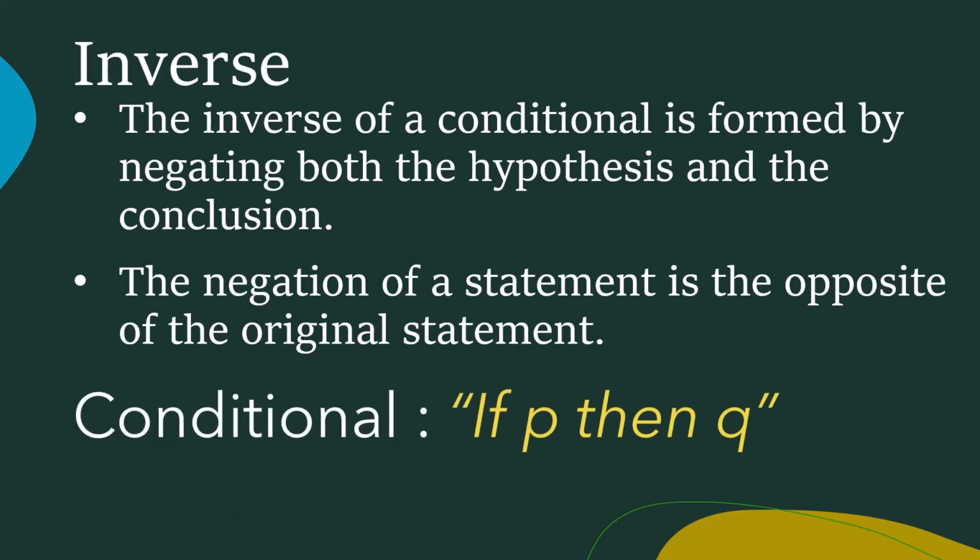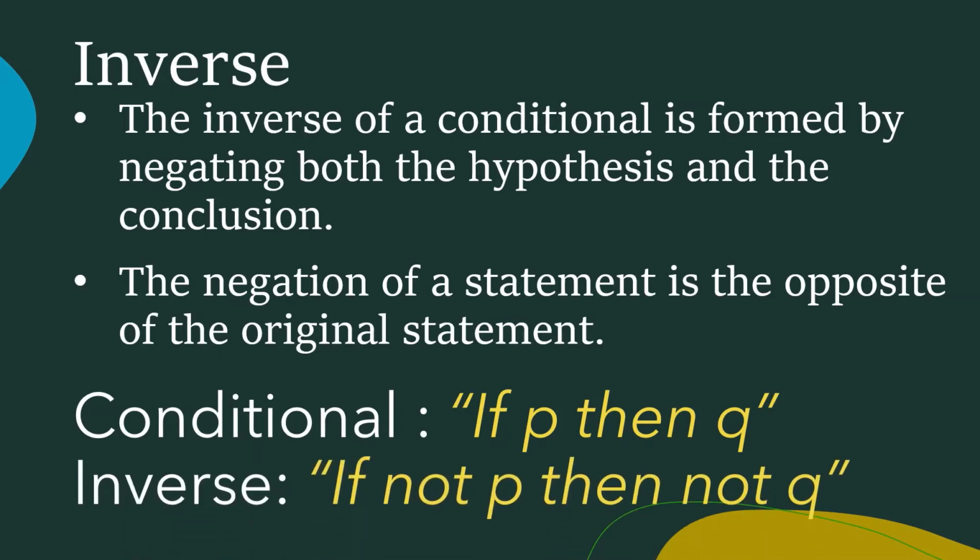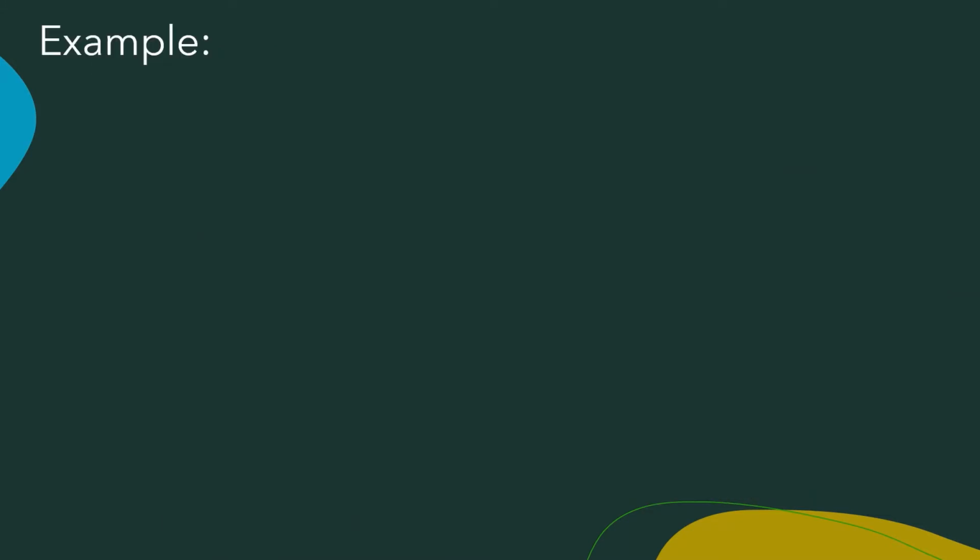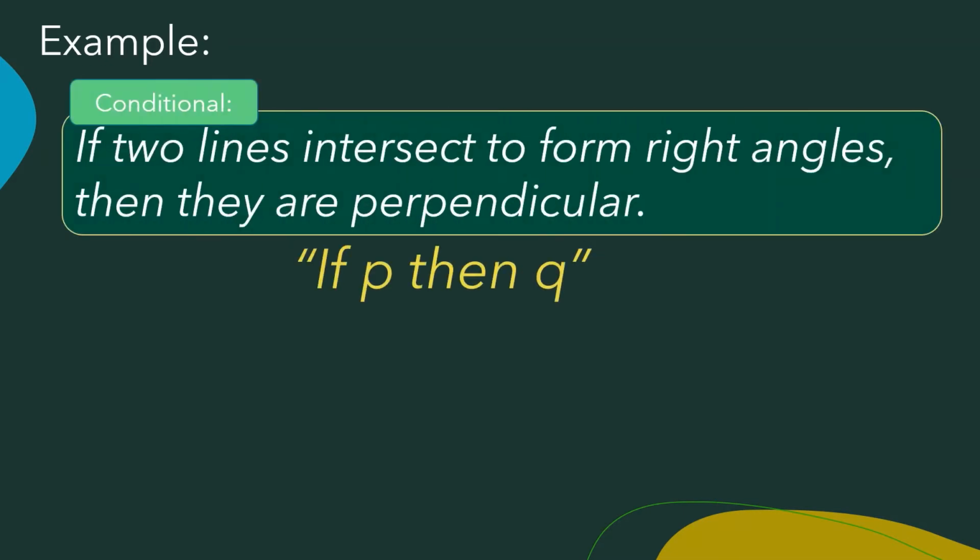Now, if you have the conditional statement as if P then Q, in the inverse statement, you will have if not P, then not Q. Example. Given the conditional statement, if two lines intersect to form right angles, then they are perpendicular.